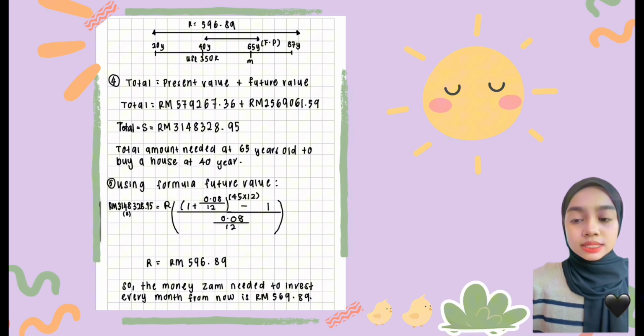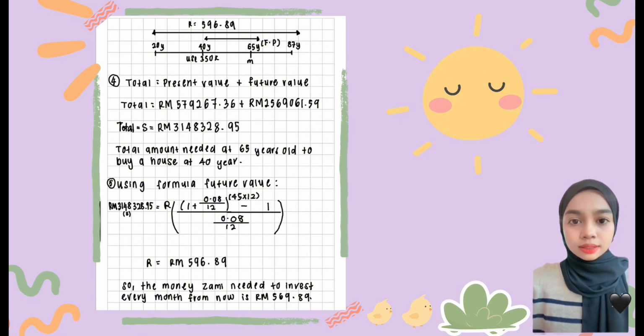So S is 3148328.95 equals R bracket 1 plus 0.08 over 12 bracket to the power of 45 multiply 12 bracket minus 1 over 0.08 over 12. So we got R, the amount that Zami needs to invest in a month, is RM596.89. This is the money Zami needs to invest every month from now until he retires.